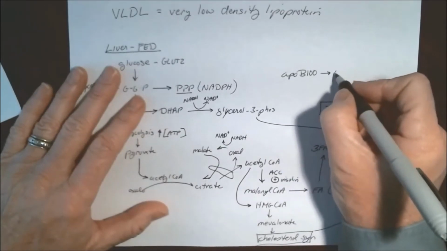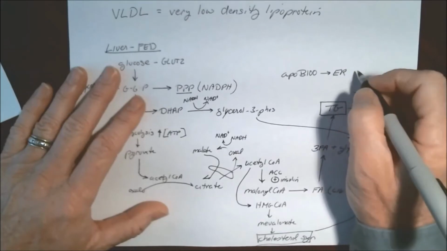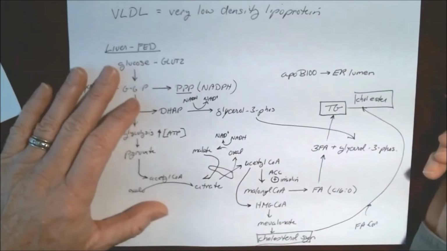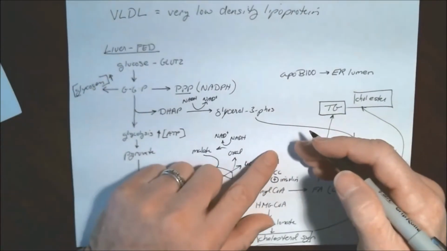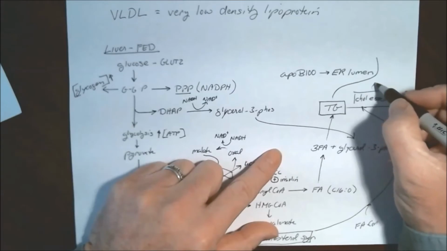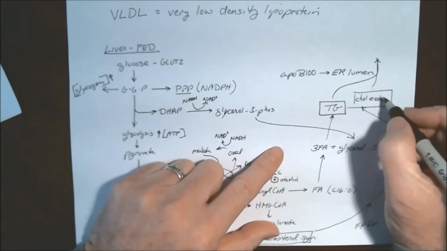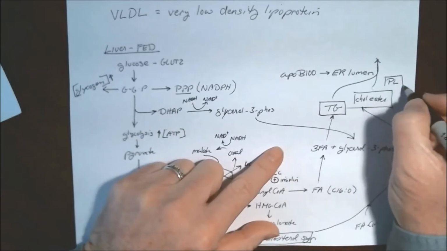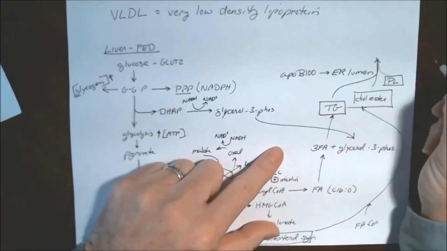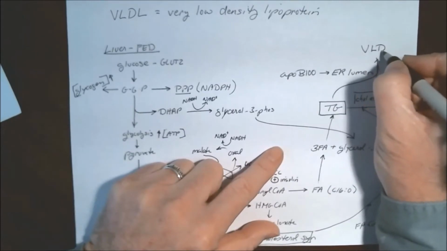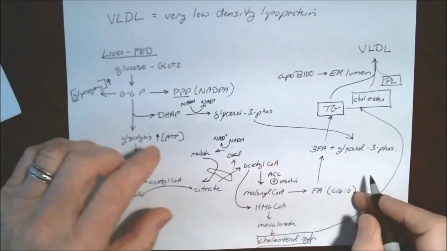Just like in the intestinal epithelial cell, this will be translated into the ER lumen, and during this co-translational process, the triglycerides and cholesterol esters plus phospholipids that are being constructed will all combine to form the final VLDL lipoprotein particle.